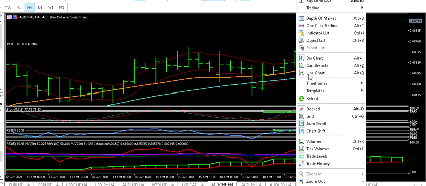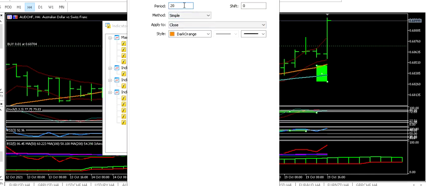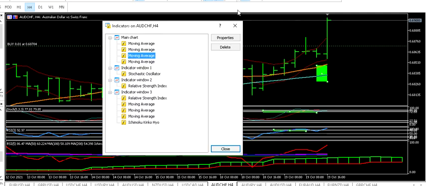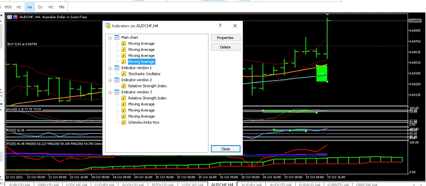If we go to the indicator settings, the orange is a 20 period simple moving average and the blue is a 16 period simple moving average.